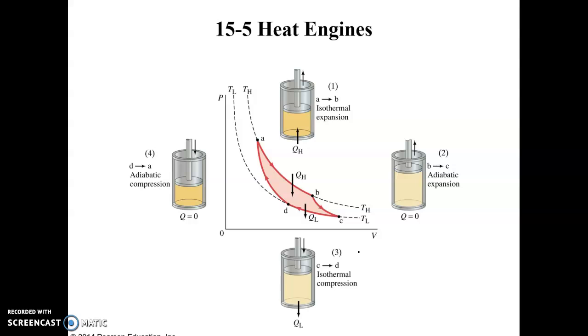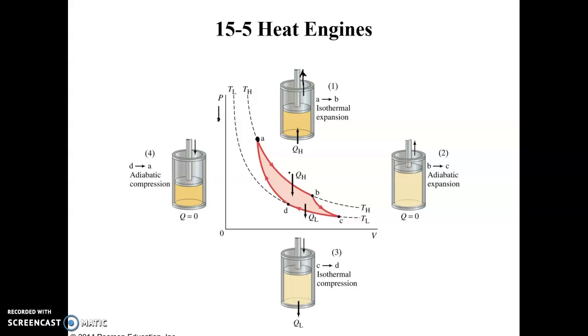Okay, so if we look at the cycle of an engine, if we start here at point A, and from A to B in a perfect Carnot engine, we are going to experience isothermal expansion. So the piston is going to come up, the volume is going to increase, and that means the pressure is going to go down.